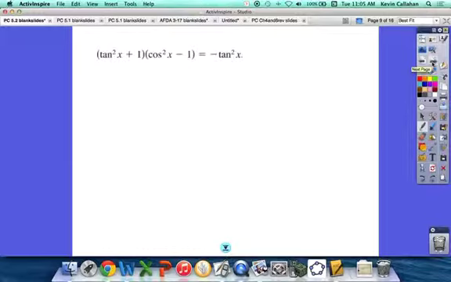So make the left-hand side look like the right-hand side. Work with the more complicated side first. Which side do you suggest we start with? The left side? Okay. Any suggestions? Okay, we try to FOIL.